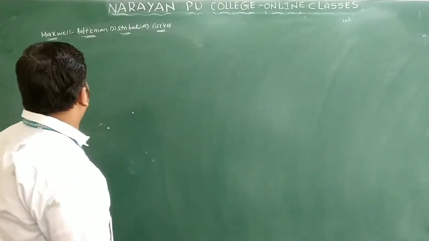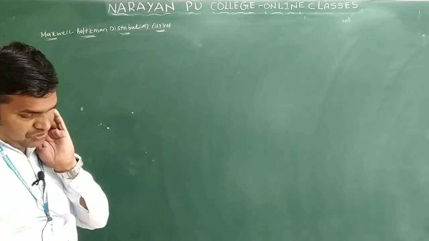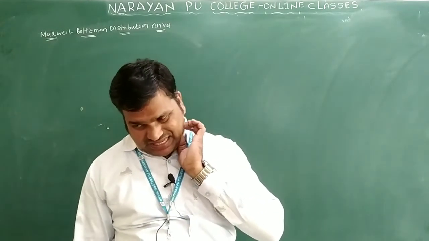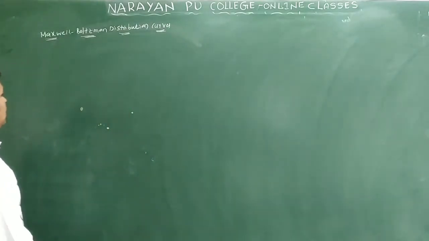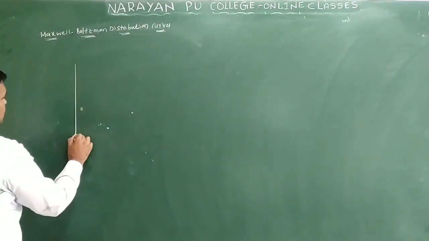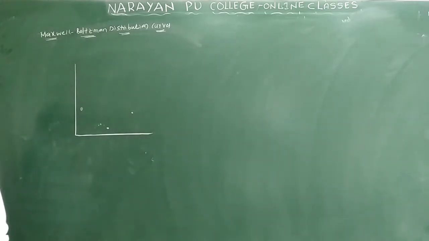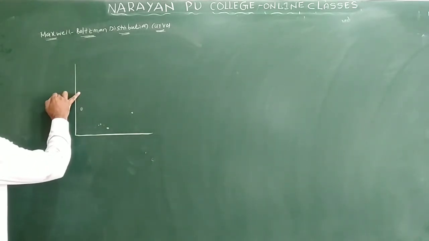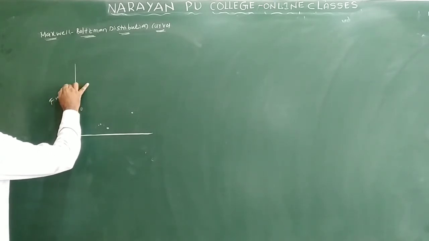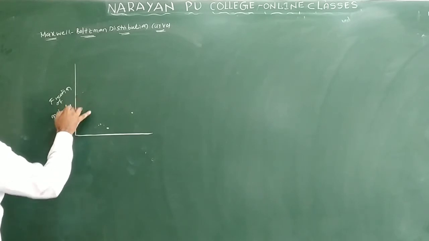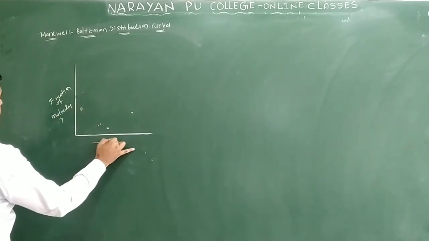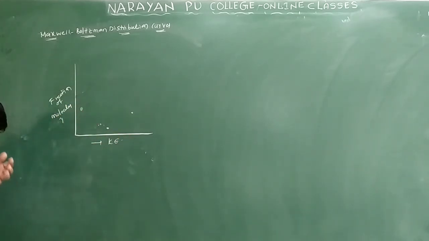See the next concept here: Maxwell-Boltzmann distribution curves at different temperatures. So I want to draw one graph for this. Velocities we have to observe here: fraction of molecules versus kinetic energy.